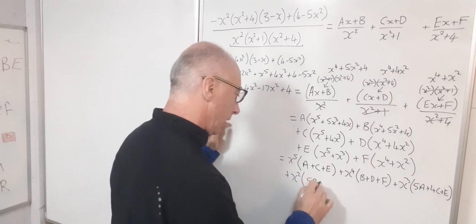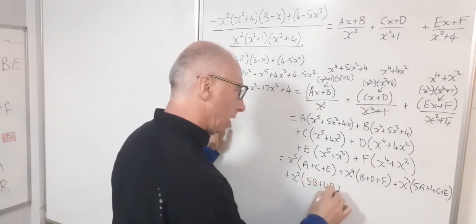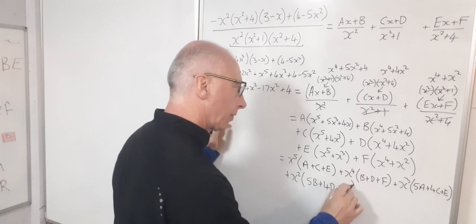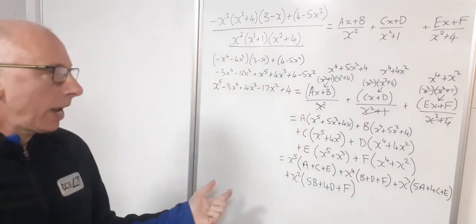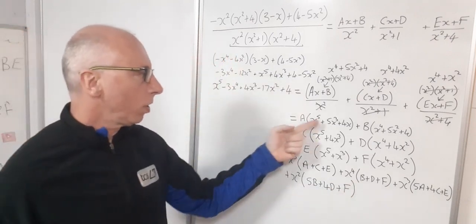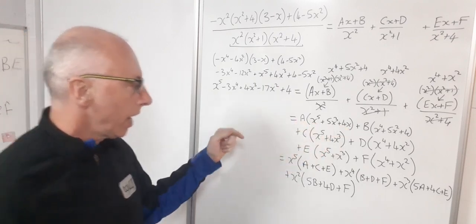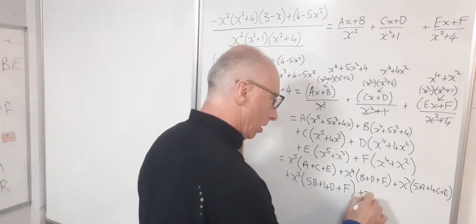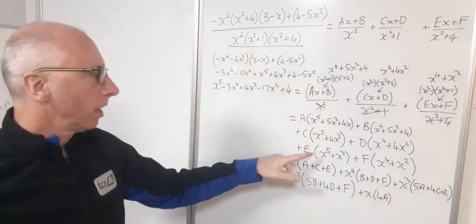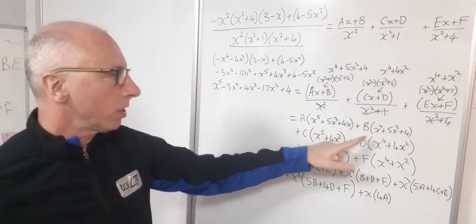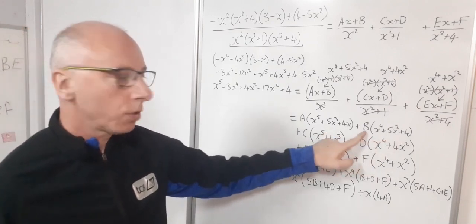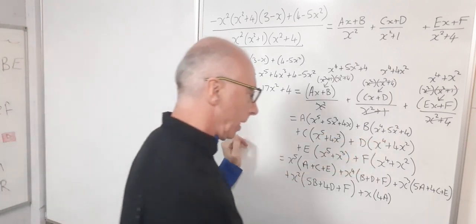So 5b plus 4d plus f. Okay, now x, there is only one term here with an x. So that will be 4a for the x. So that's the only one there. And for a constant, there is only one constant. So that goes with the b. So that's just plus 4b.